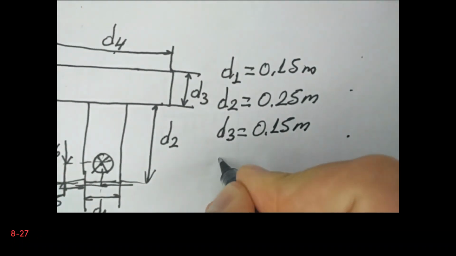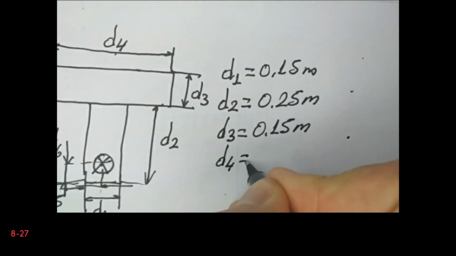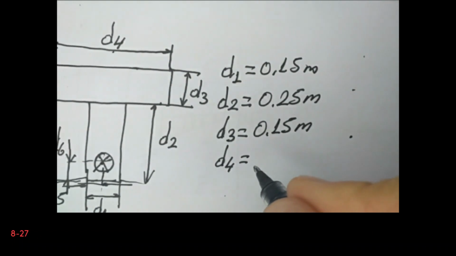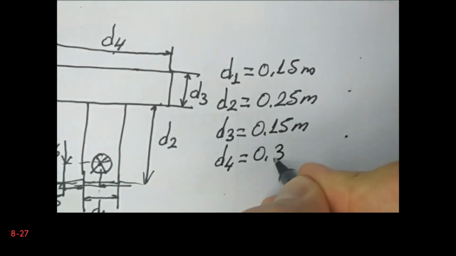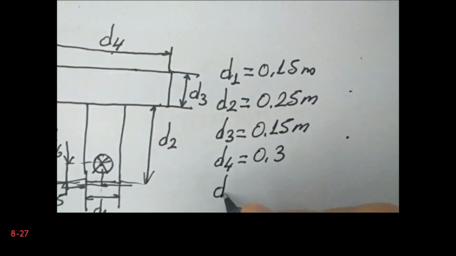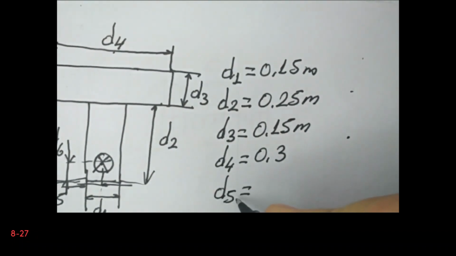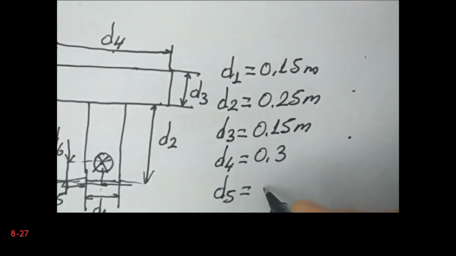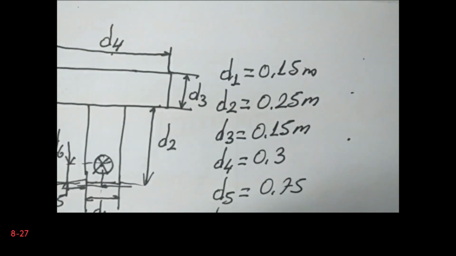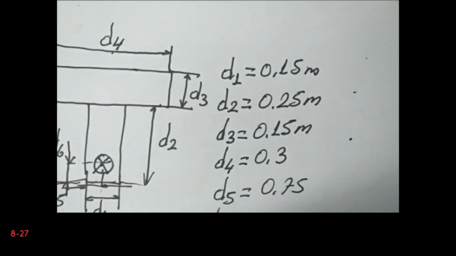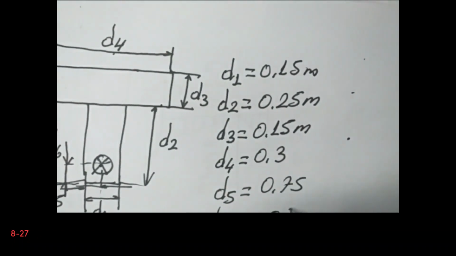D4 is equal to 0.3. D5 is equal to 0.075, and D6 is equal to 0.05, and the units are meters. This is 0.075.